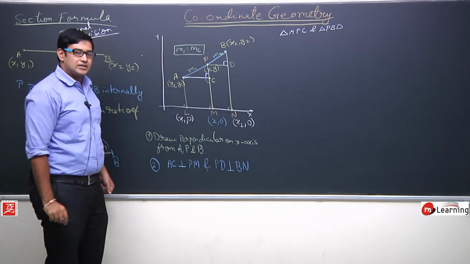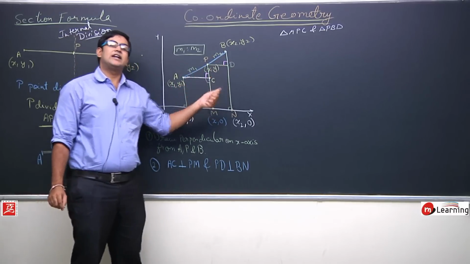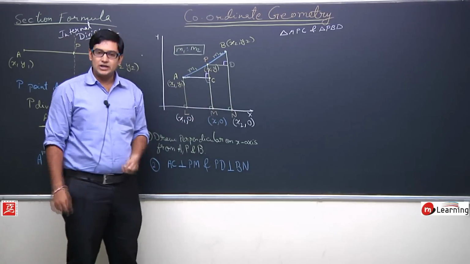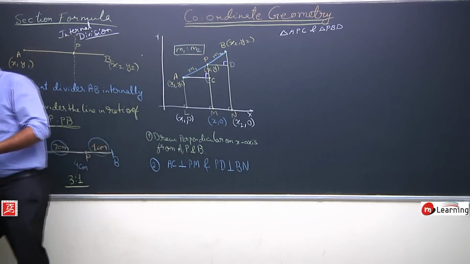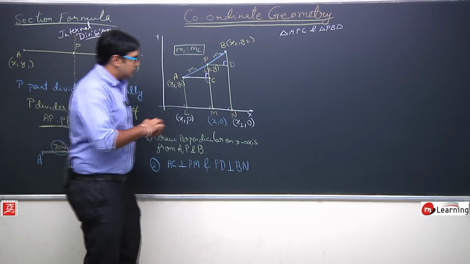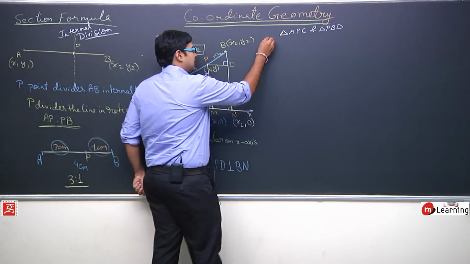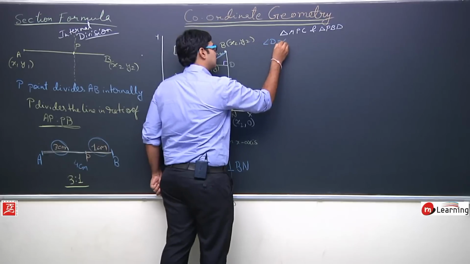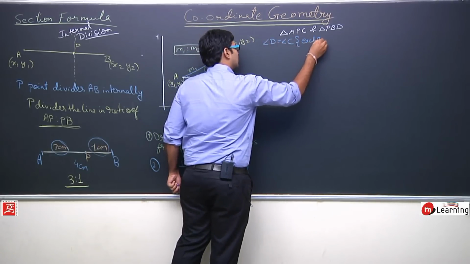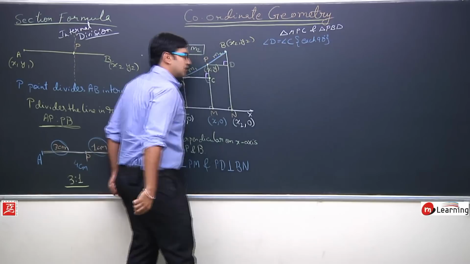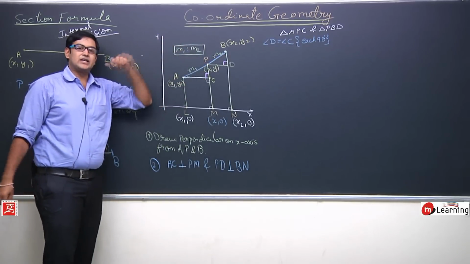Why are these 2 angles equal? Because both angles are 90 degrees, because we have drawn perpendiculars. So in these 2 triangles I can say angle D is equal to angle C, each 90 degrees.